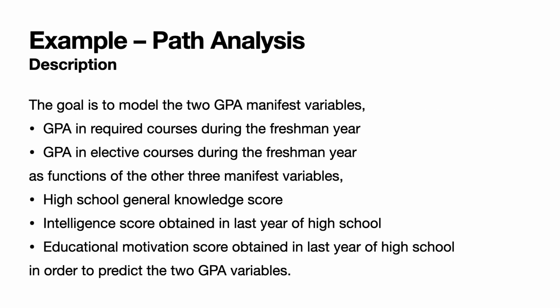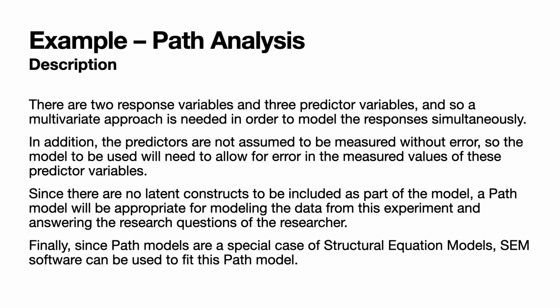The goal is to model the two GPA manifest variables as functions of the other three manifest variables in order to predict the two GPA variables. There are two response variables and three predictor variables, and so a multivariate approach is needed in order to model the responses simultaneously. In addition, the predictors are not assumed to be measured without error, so the model to be used will need to allow for error in the measured values of these predictor variables.